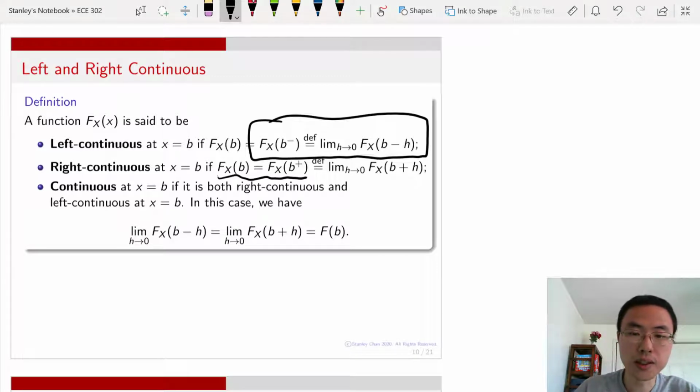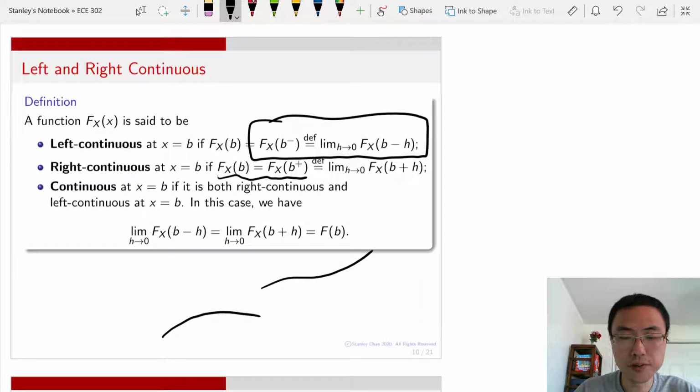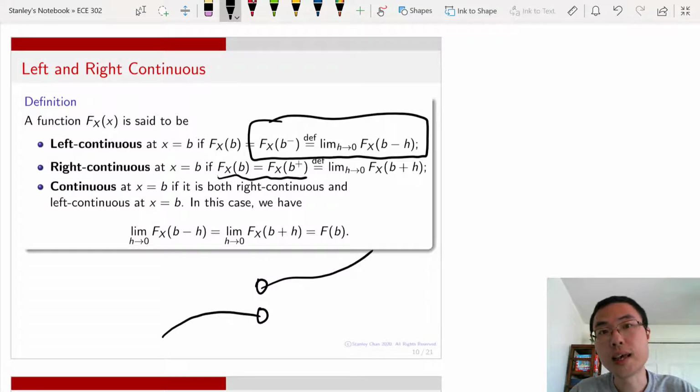Okay, so let me explain it. You have a function here, you have another function here. Okay, so you have a function and then you have a discontinuous point. Now, for these two discontinuous points, I will just draw two circles here. Now, let us look at this definition. This is f(x), okay, at b.